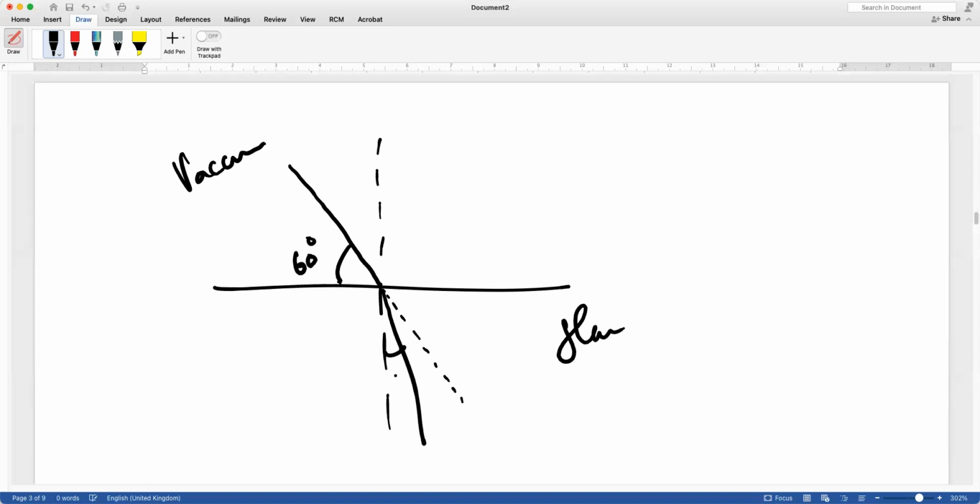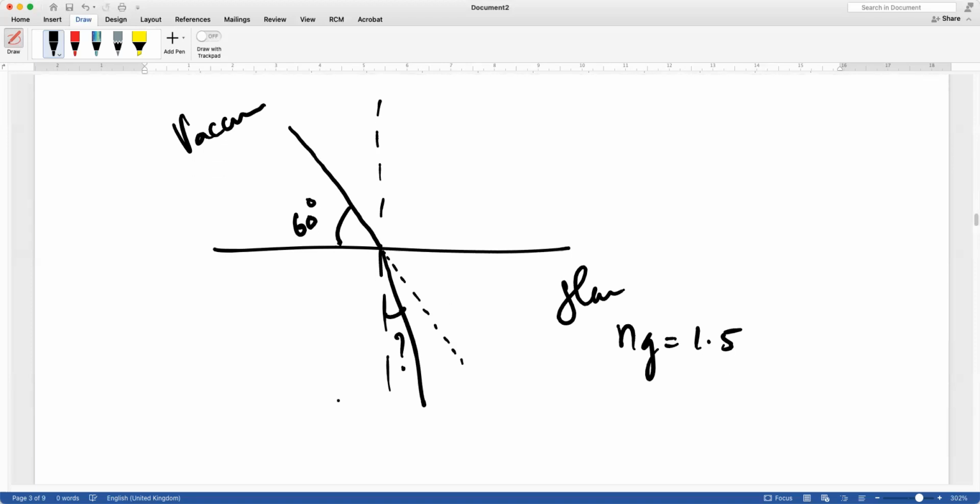They are asking what is this angle, the question mark. They give that N of glass is 1.5. So this is the problem. How to go about it? Okay, so we know that sine I is 60.